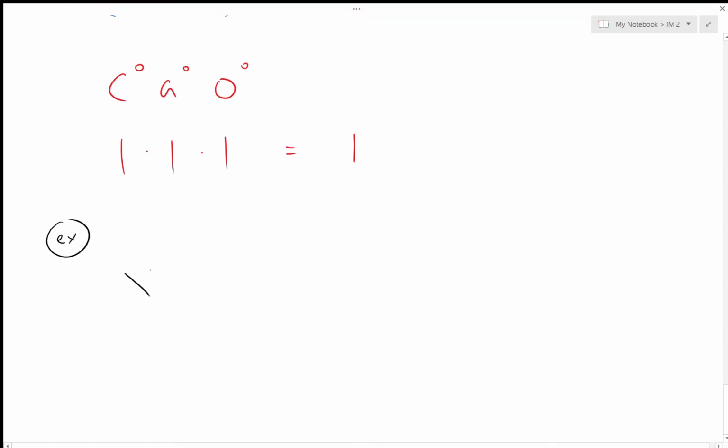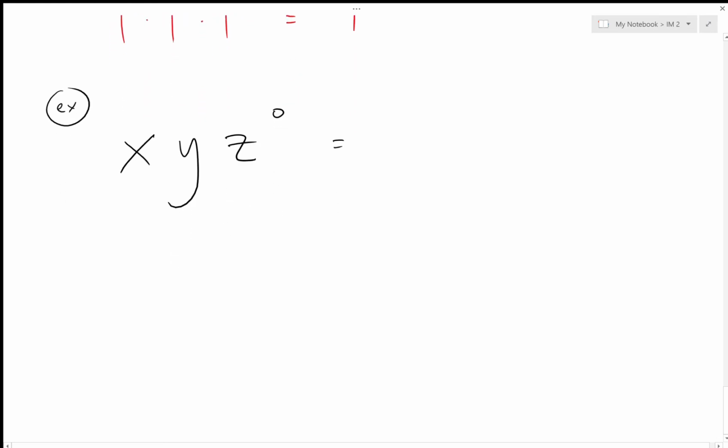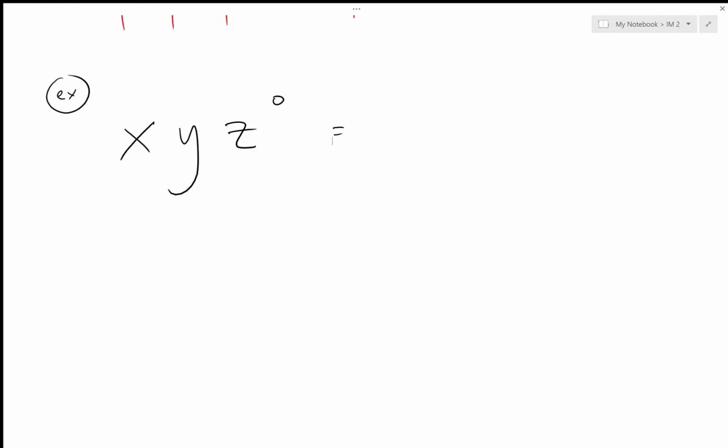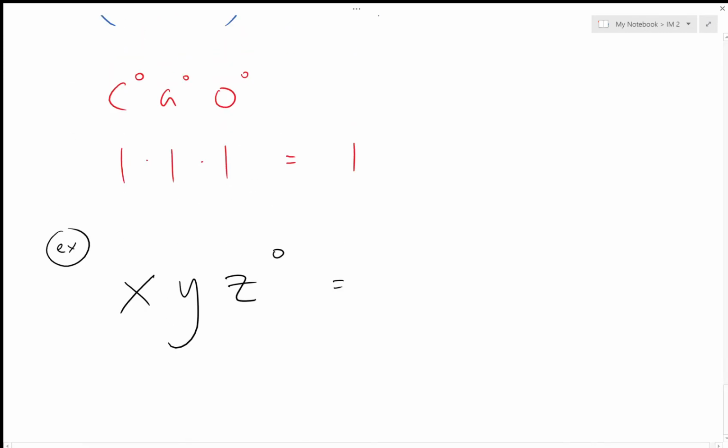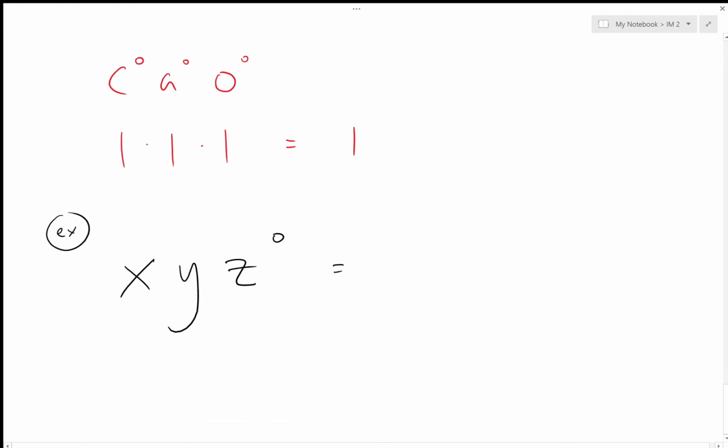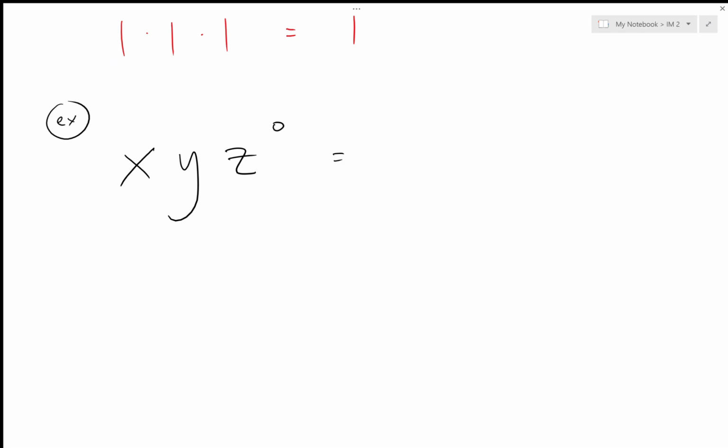So what about this? x, y, z to the 0 power. Anything to the 0 power is 1. So is my answer 1 here? Unfortunately, this one is not. The difference between this one and the last one is the parentheses. Right here, this 0 is being only applied to the z. On the y, it has a 1. Okay, the 0 is not connected to the y, just to the z.